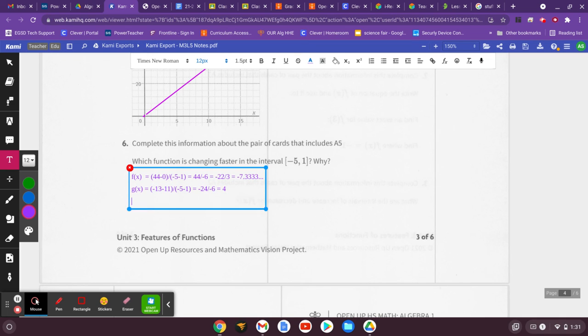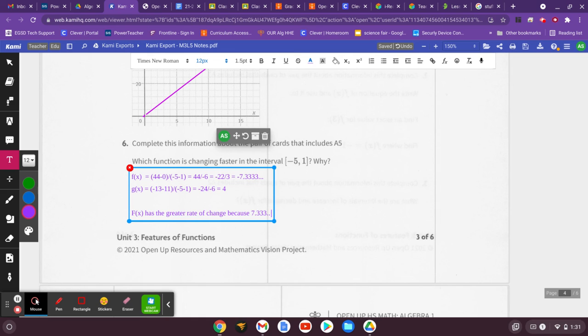So which function is changing faster in that interval? Well, one's positive and one's negative, but if you look at the number that has the largest absolute value, you're going to see f of x is the one that's doing it. So f of x has the greater rate of change because 7.3 is bigger than 4.